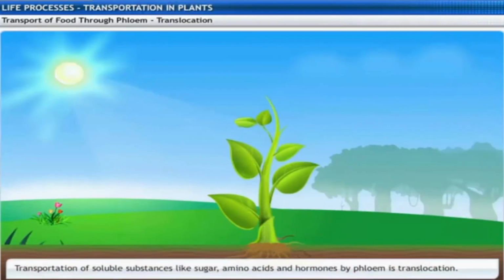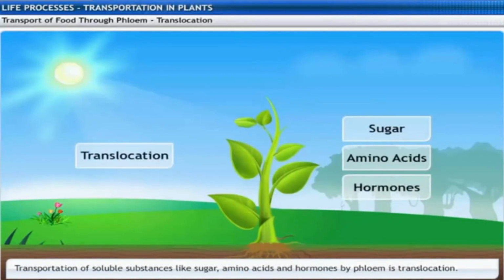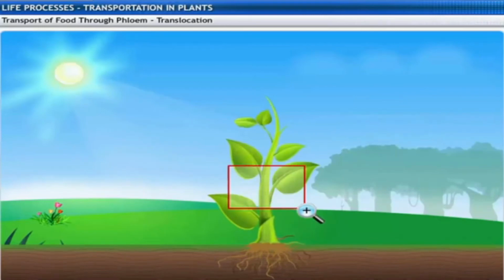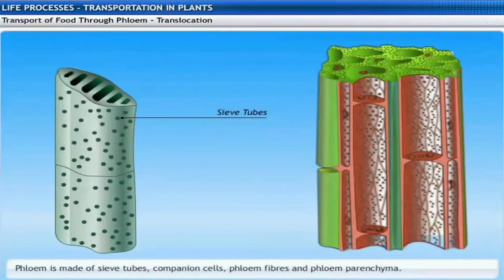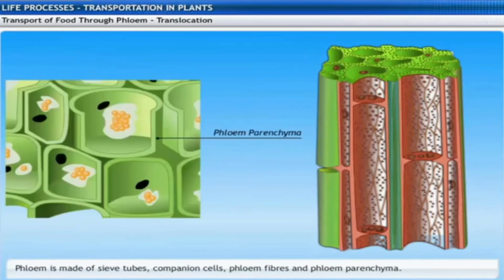Transportation of soluble substances like sugars, amino acids, and hormones by phloem tissue is called translocation. Sugar is translocated in the form of sucrose. Phloem is made of 4 types of cells: sieve tubes, companion cells, phloem fibers and phloem parenchyma.